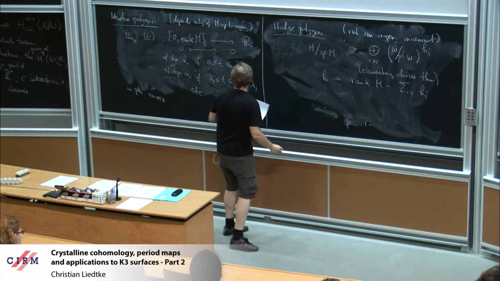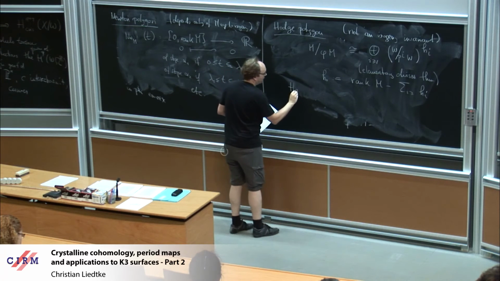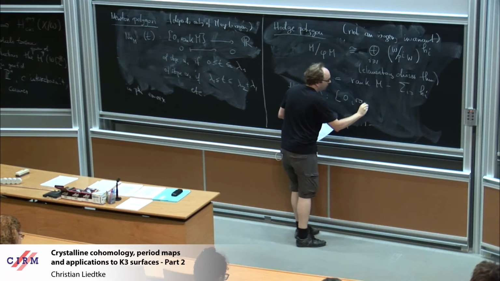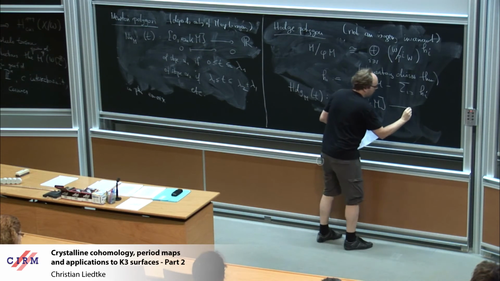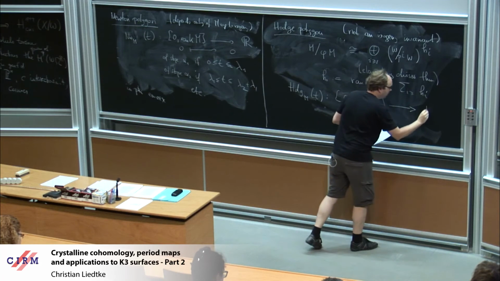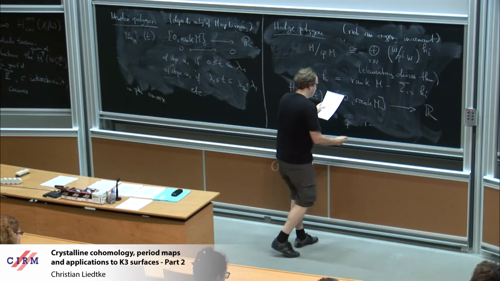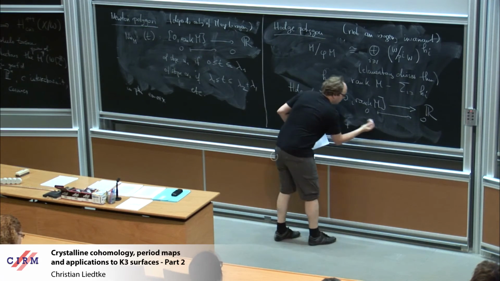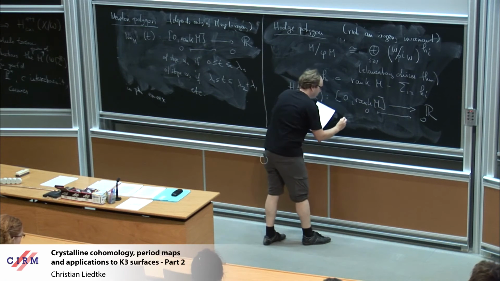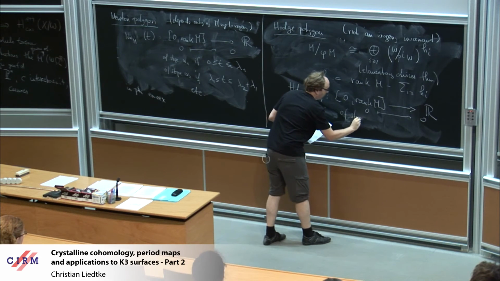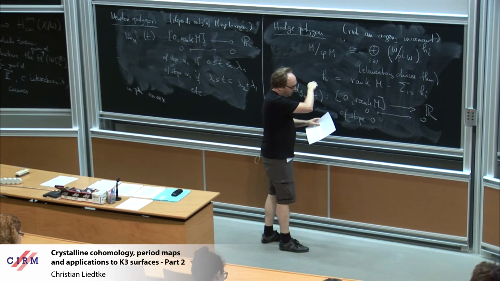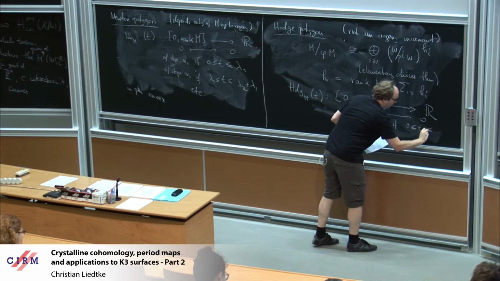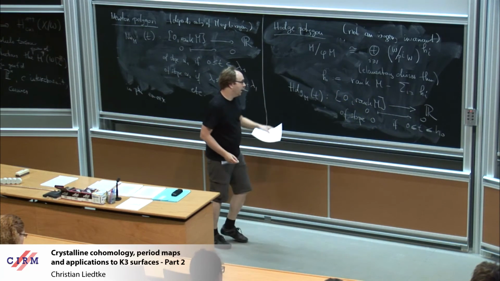And then you define a second polygon, the Hodge polygon, which goes again from here to the reals, which sends 0 to 0, and it is of slope 0, so you have a kind of flat piece if you are between 0 and h_0.